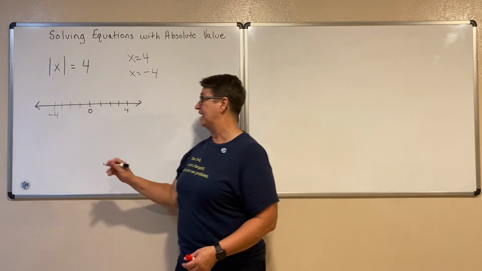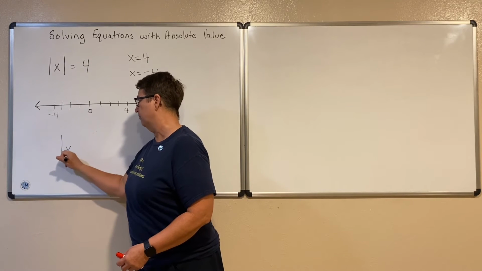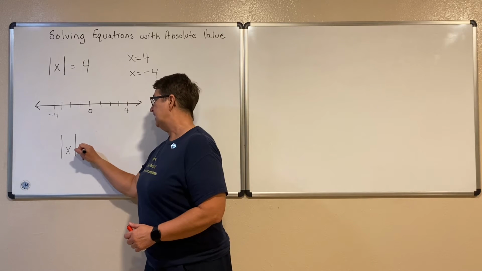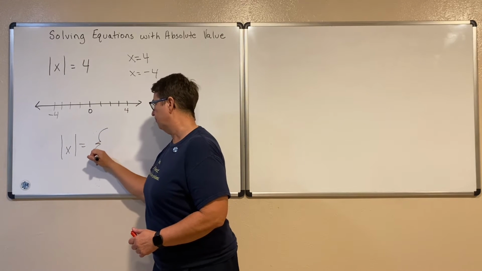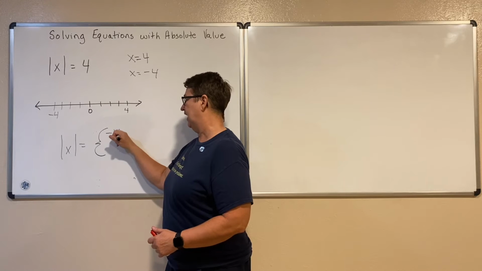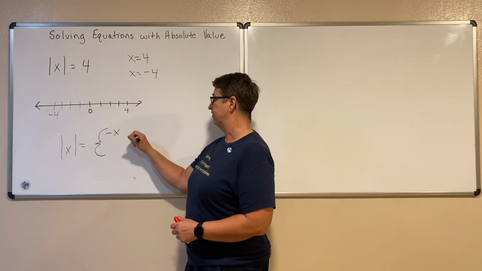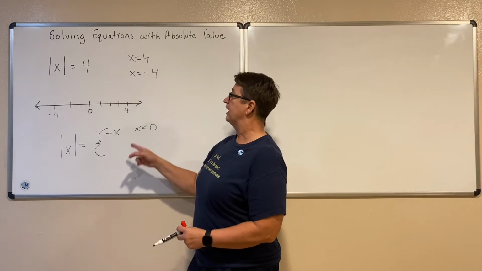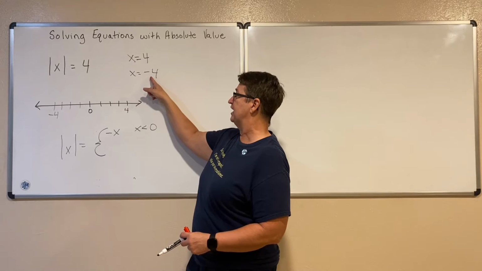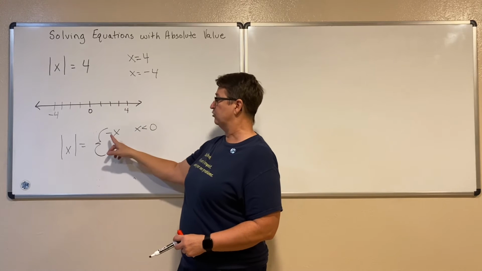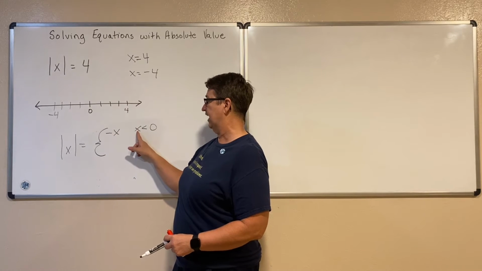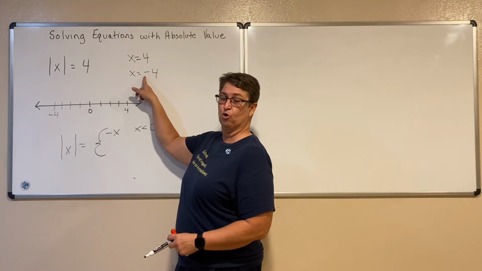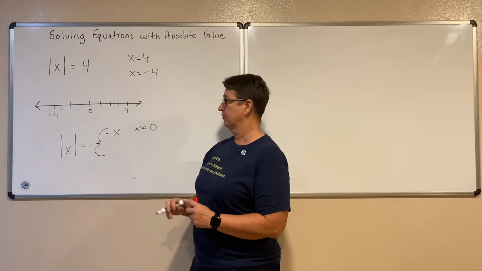Or another fancy algebraic definition for the absolute value is that it's equal to a negative x if your x is less than 0. So in this case, when my x was negative 4, it's equal to a negative of that, because x is less than 0, it's equal to a negative of a negative 4, which makes it a positive 4.